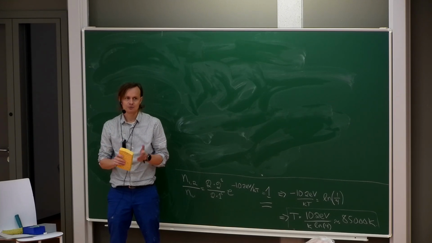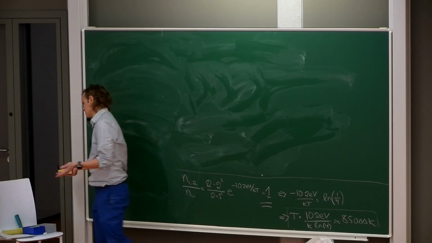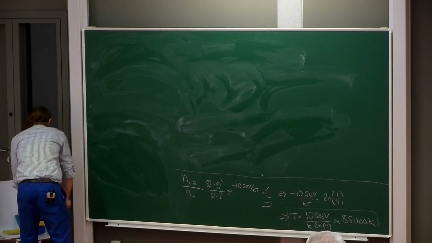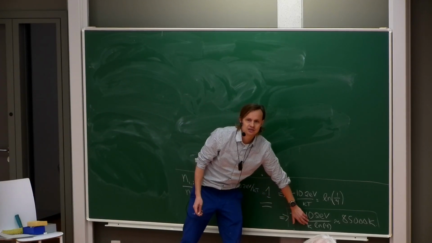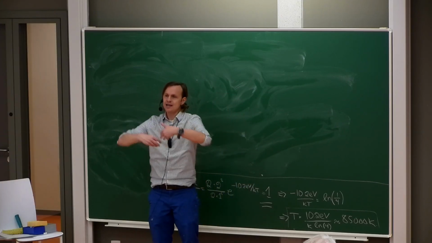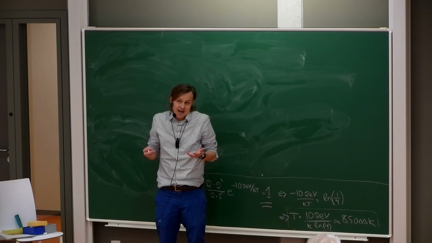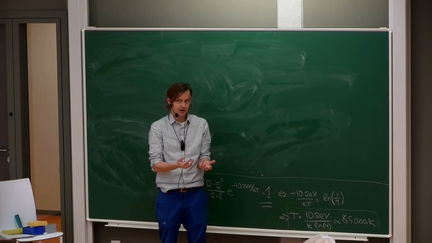We don't excite, we ionize. So in reality, what happens is that way before, typically 85,000 Kelvin, when this is reached, we start to ionize away neutral hydrogen. Yeah? So that in practice, almost everything that is neutral remains in the ground state.